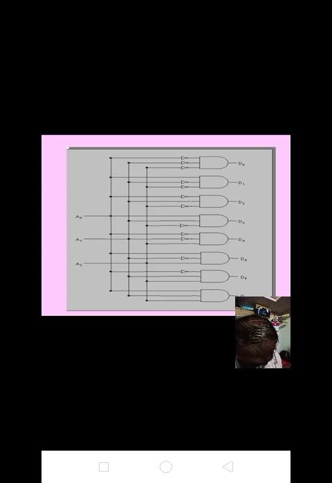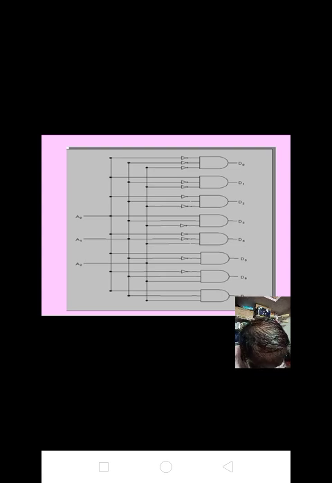Inputs S2, S1, S0. We have 3 inverters and 3 actual values. 0 0 0, that is Q0.